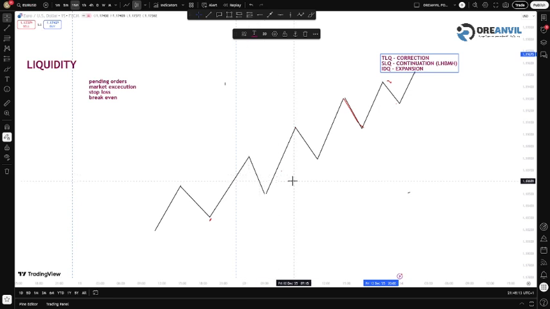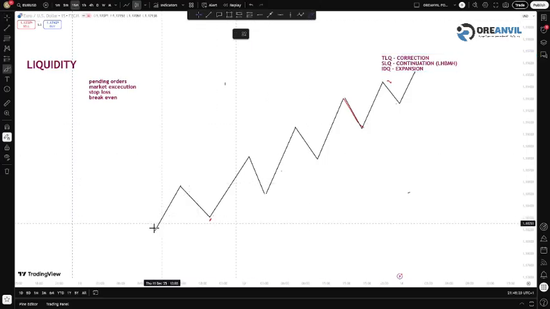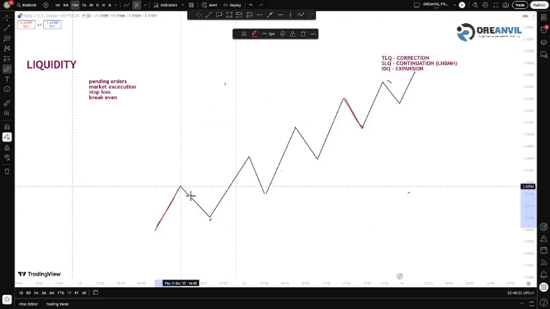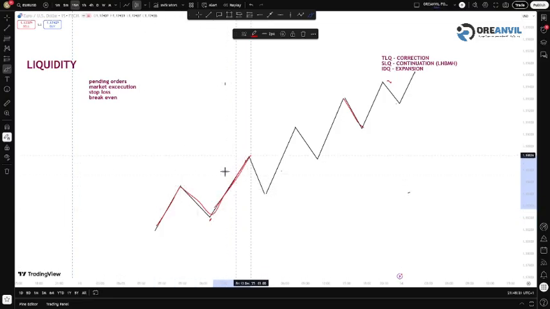When I say transactional liquidity is responsible for correction, what I mean is, whenever price takes your eye, you have an uptrend, the up push, higher high, higher low. What are you expecting next? You are expecting a higher high, isn't it? Of course. So you're expecting a higher high to be taken. When a higher high is taken, the liquidity taken here is what we call transactional liquidity, because you understand that this is a push to the upside.